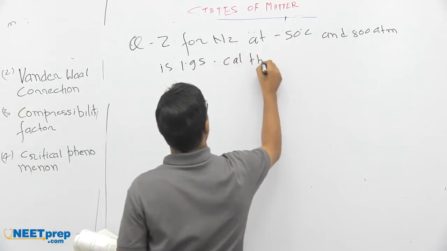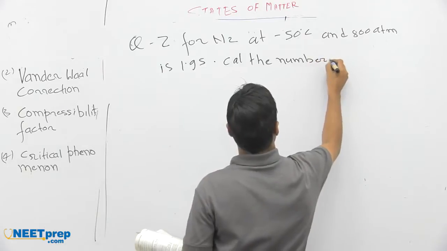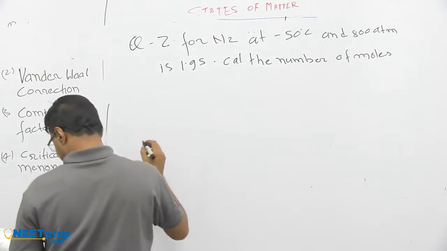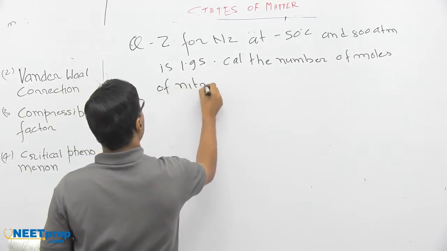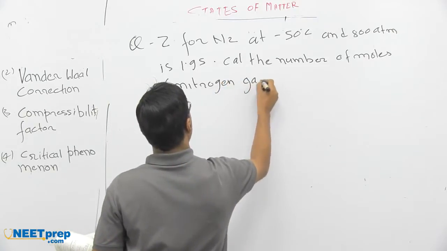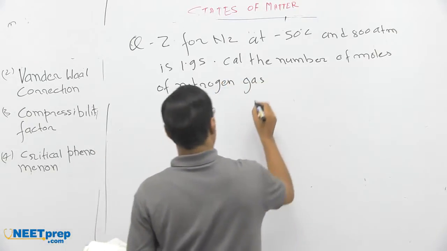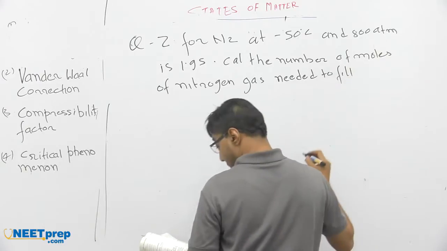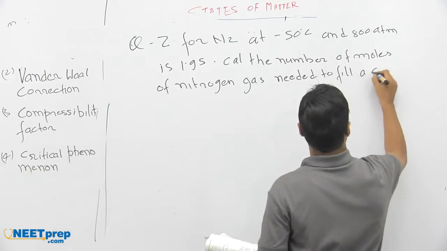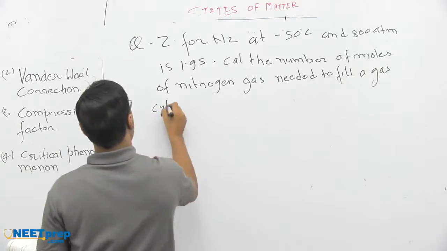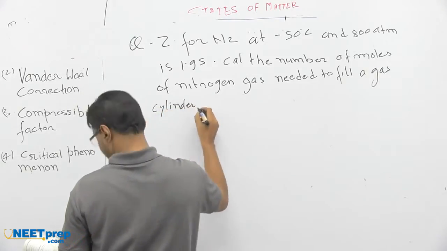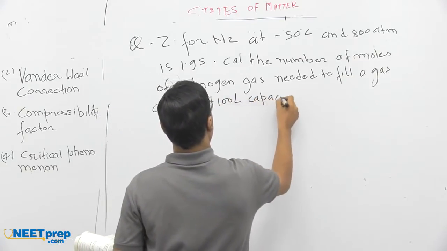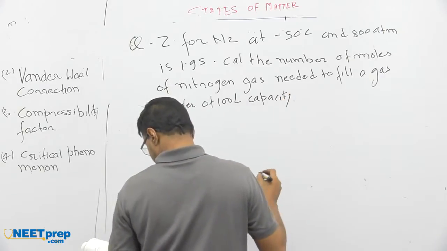Calculate the number of moles of nitrogen gas needed to fill a gas cylinder of 100 liter capacity under the given condition.